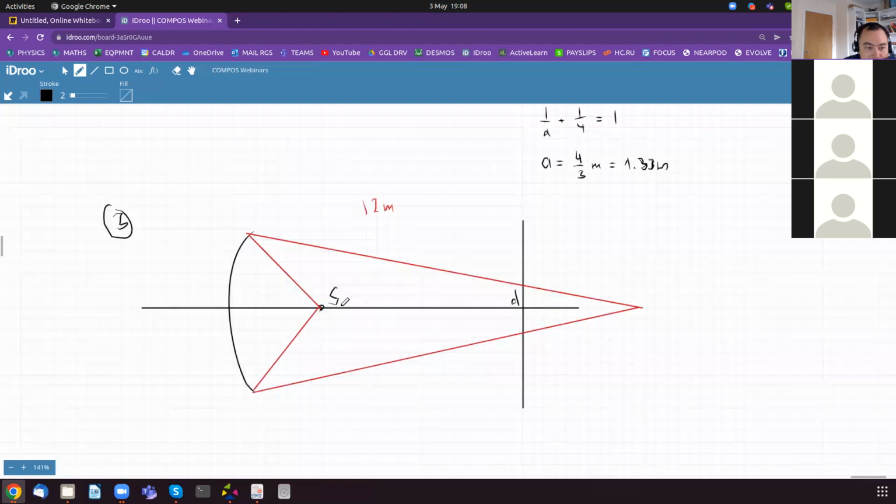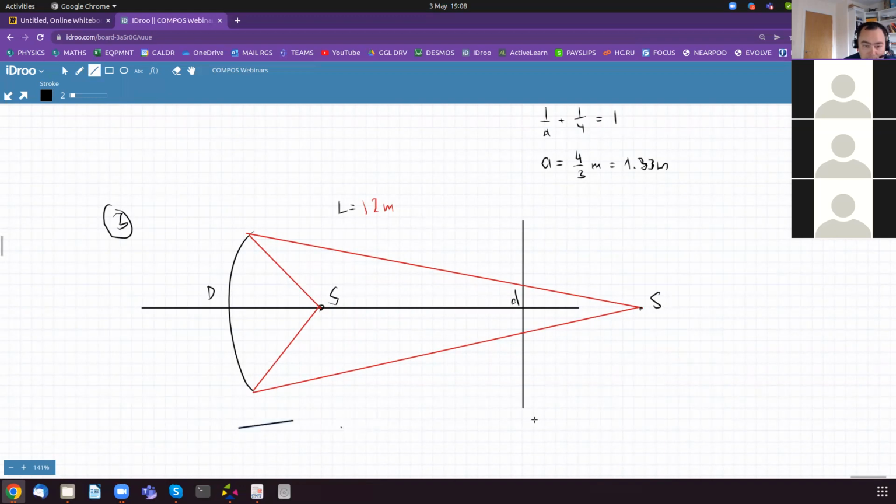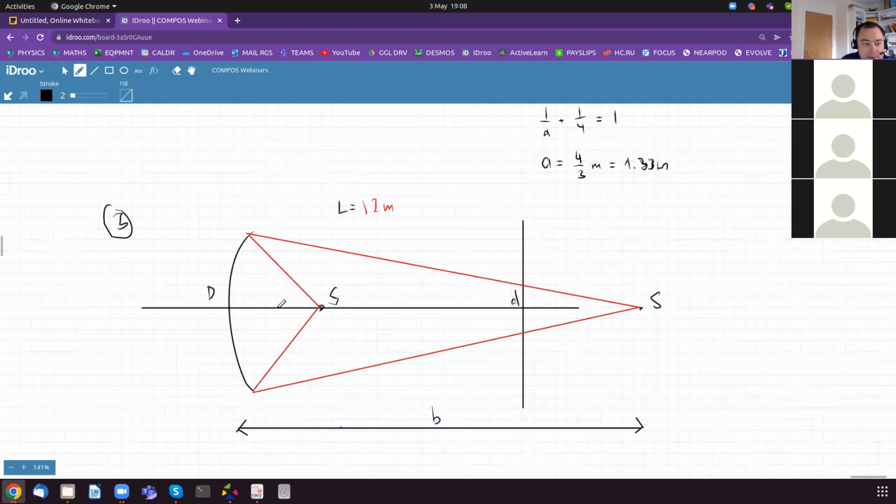This is D, this is D, this is L equals 12 meters, and this is S1. This distance is B, and this is A. So similar triangles yet again.